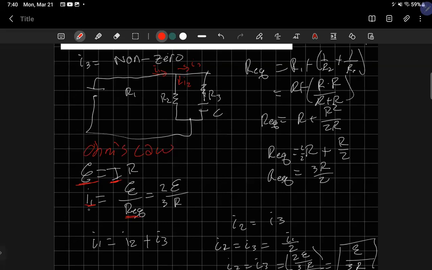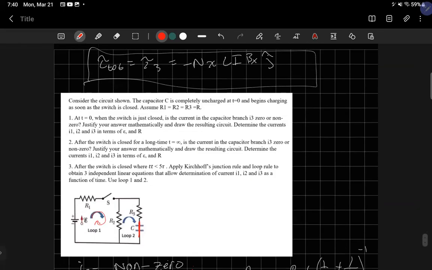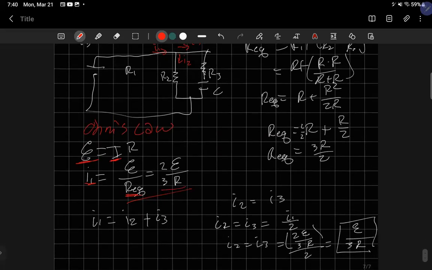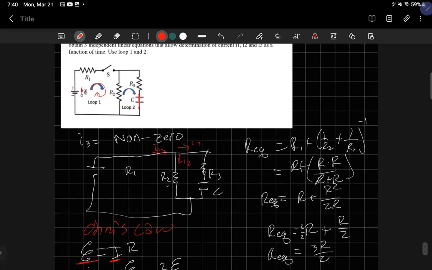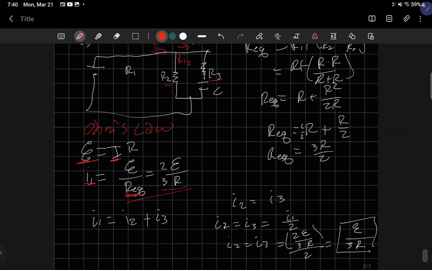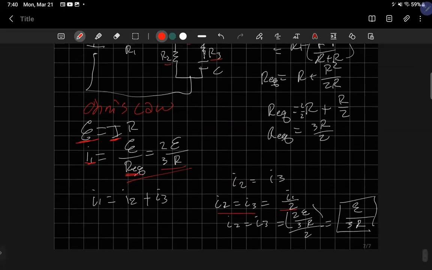Rearranging it, we get I1 equals this, and we have it in terms of E and R, so that checks out. And because of symmetry, R2 and R3 just so happen to be the same value of resistance, I can assume they're equal and therefore equal to half of I1, which is quite nice.